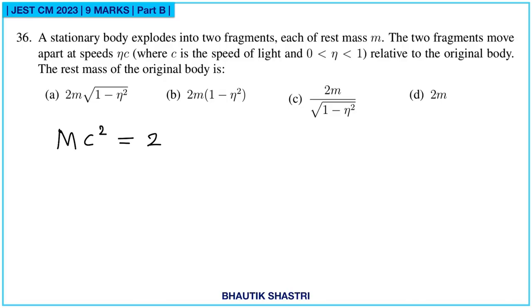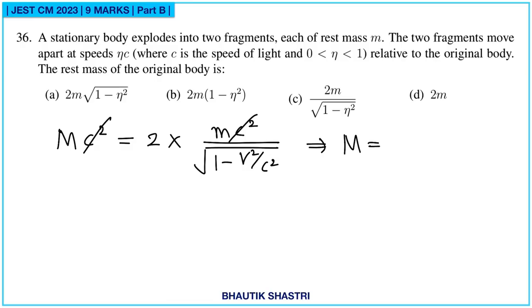So Mc square will be 2 into energy of these two fragments, which will be mc square upon root of 1 minus v square by c square. So this c square will cancel. That gives us M is equal to 2m upon root of 1 minus, but v square is eta c square, so 1 minus eta square. So that will be option C.